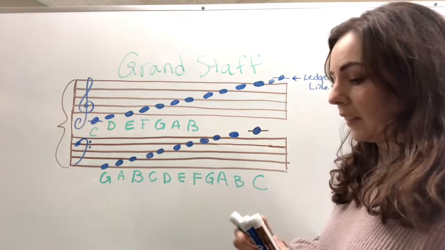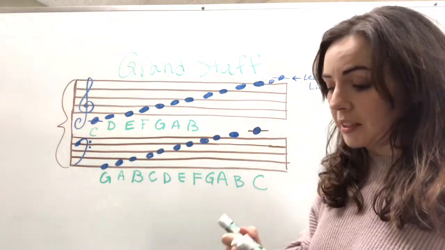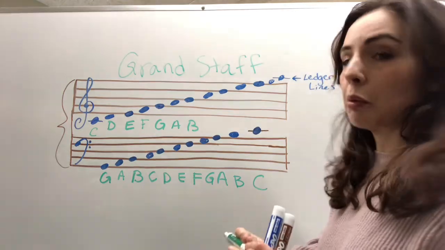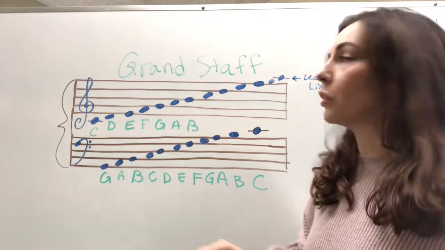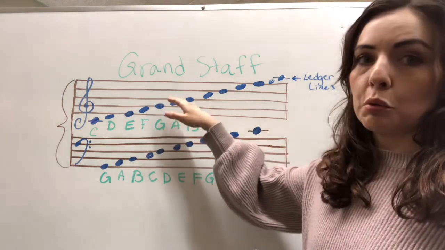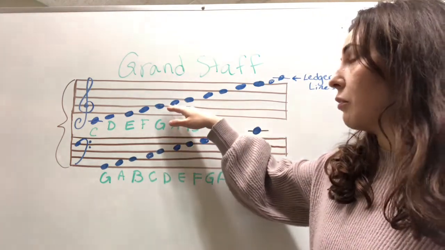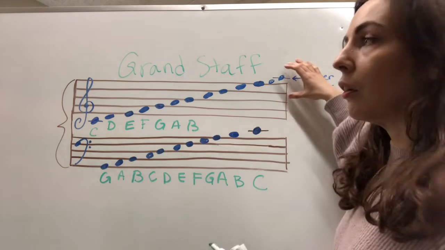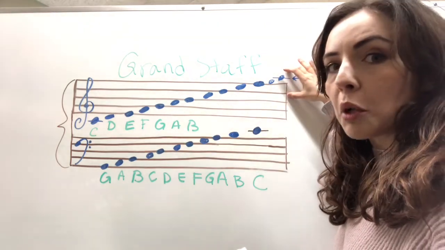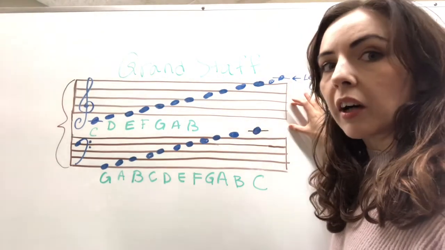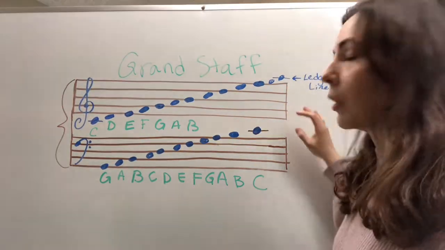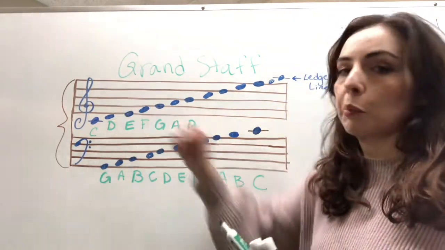When we're singing, soprano and alto are two voice types that would go on the treble clef staff. Soprano means the higher notes on the treble clef, and alto means the lower notes on the treble clef, but both soprano and alto would be on the treble clef.